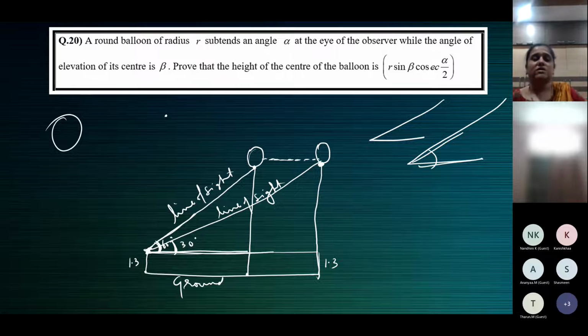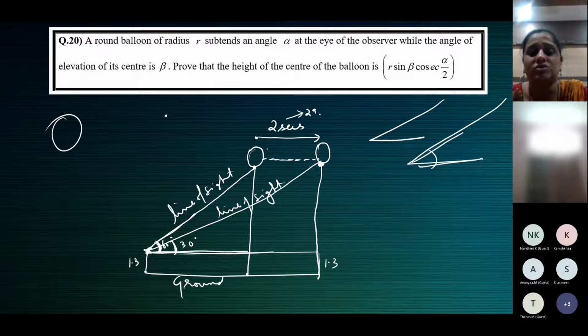This is 30 degrees. Now, the balloon was here and it takes this new position here. This distance is covered in 2 seconds at the rate of 29√3 meters per second.